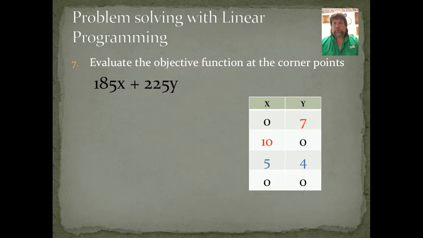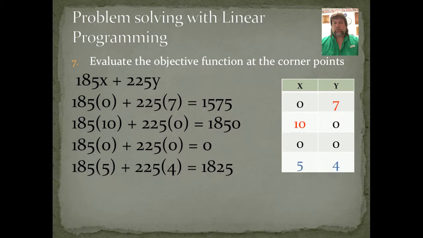Remember, our objective function is 185x plus 225y. So we plug in these x and y values and you see the results: 1575 for (0, 7), and 1850 is obviously the largest at the point (10, 0).